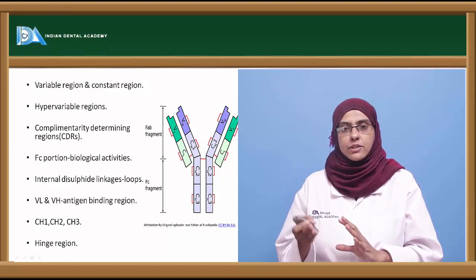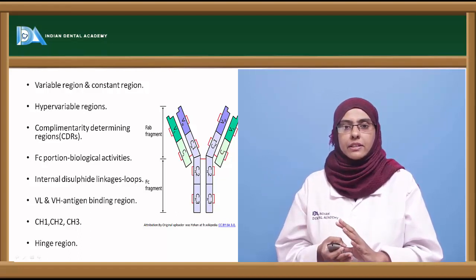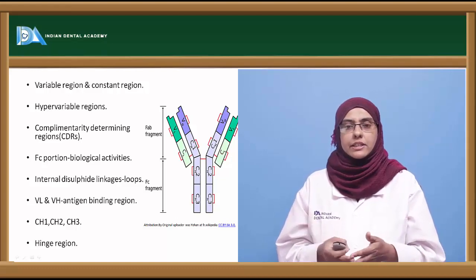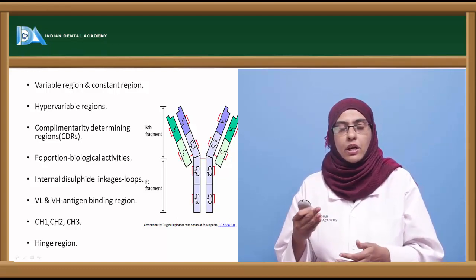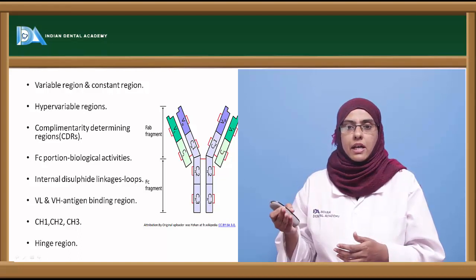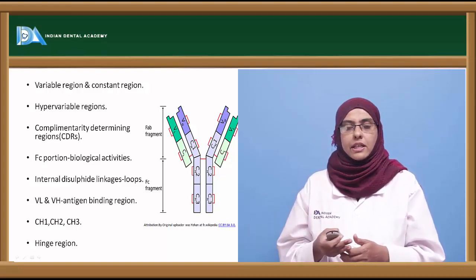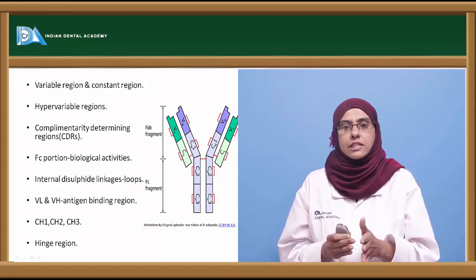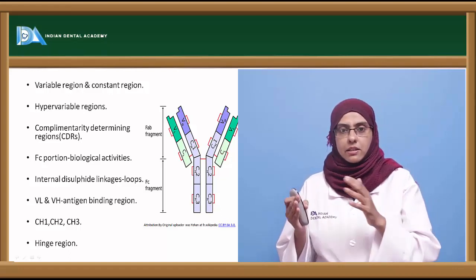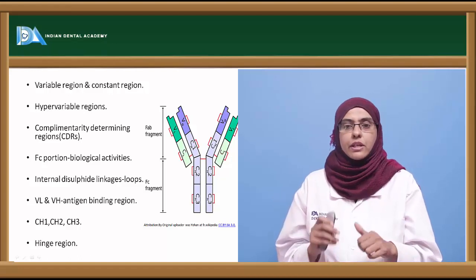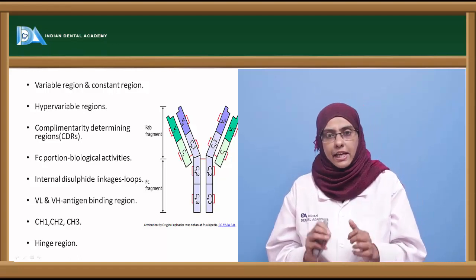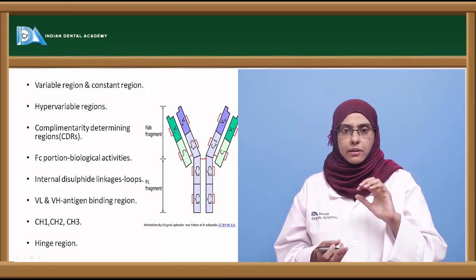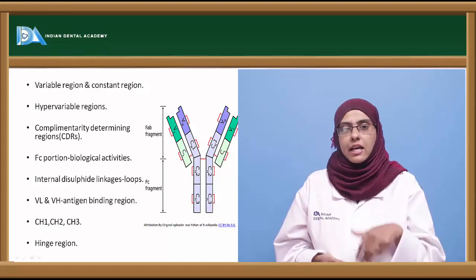CH2 and CH3 are mostly involved in activating the complement proteins, and CH3 is involved in the adherence of mononuclear cells to bacterial surfaces. Between CH1 and CH2 there is a hinge region that connects the Fab portion and the Fc portion. The hinge region is a flexible portion that helps the antibody move depending upon the pairing between the antigen and the antibody.